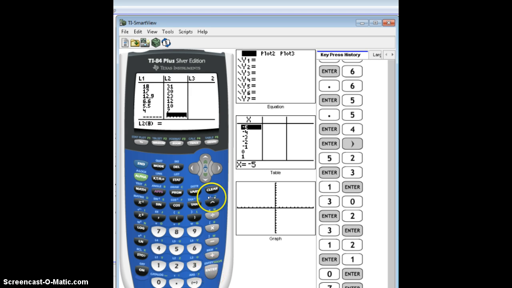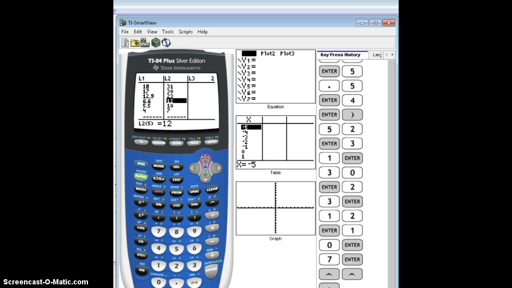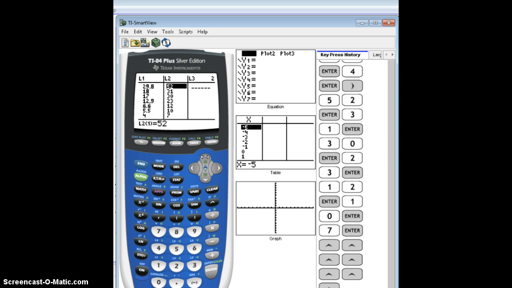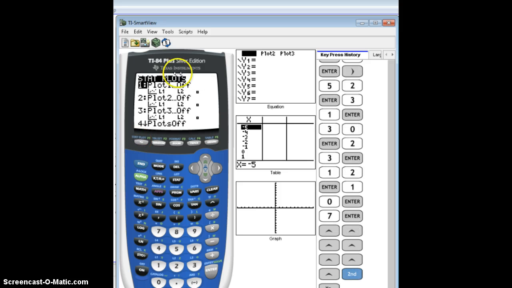All right. It's always a good habit to check again, verify your data, go through it, make sure you substitute in correctly every value. And then once you've verified it, now we're going to make sure our stat plot is on. So we're going to turn on the stat plot by hitting second y equals. This comes up, and that's why we hit enter.